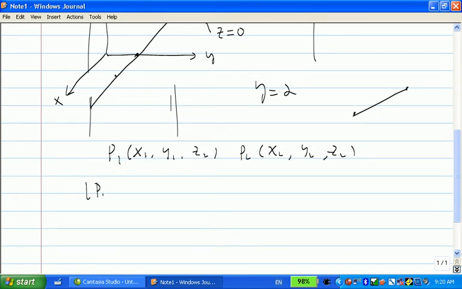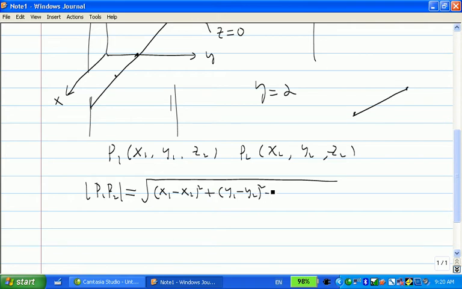We use the absolute value of P1P2 to represent the distance. This distance can be found by subtracting the corresponding components: x1 minus x2, y1 minus y2, and z1 minus z2. It doesn't matter whether it's x1 minus x2 or x2 minus x1, because they're squared.